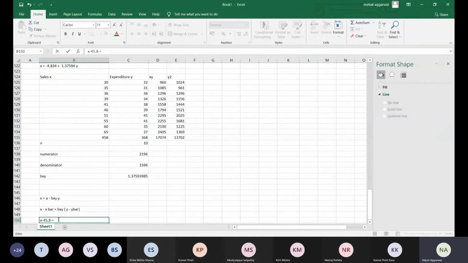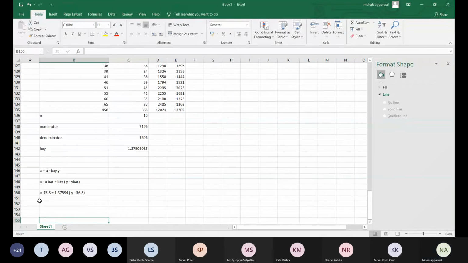So x minus 45.8 is equal to bxy, which you have already calculated, that is 1.37594, into y minus y bar. So y bar is 36.8. Fine.